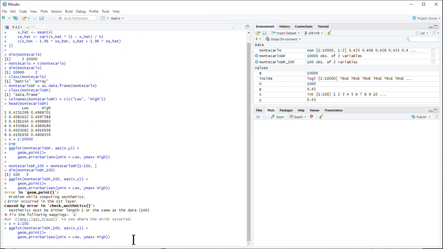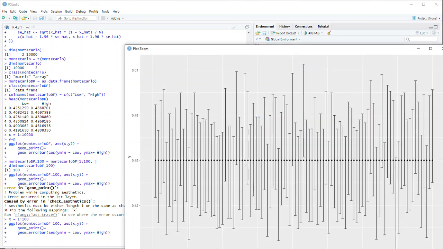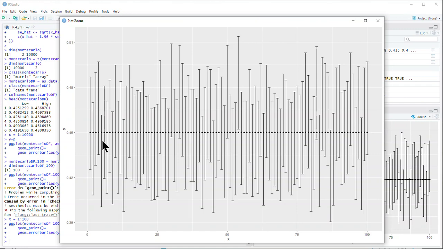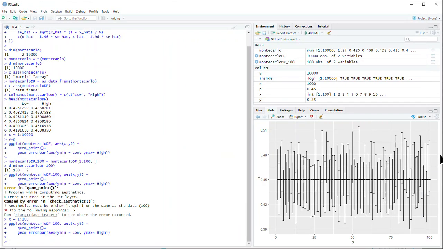And then when I type in this, look over here at my result, and you know what? That's pretty good, right? This is pretty close to what the textbook author has done. Very close, except I have my data going the wrong way, so to speak.